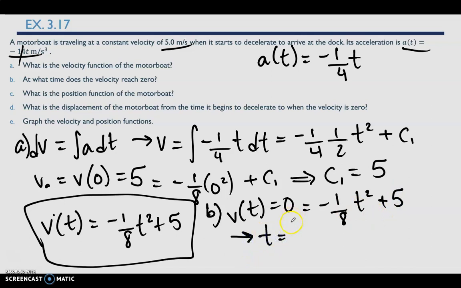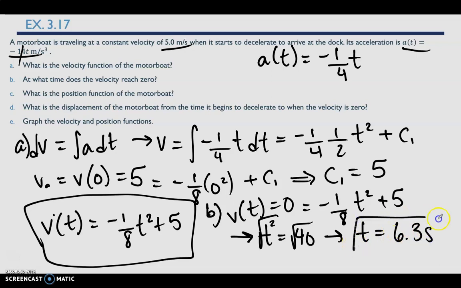So t squared, doing some algebra, subtracting that over, multiplying by 8, and then negative, we get t squared equals 40. Take the square root, and we get t equals 6.3 seconds. Okay, so now we've done part B.